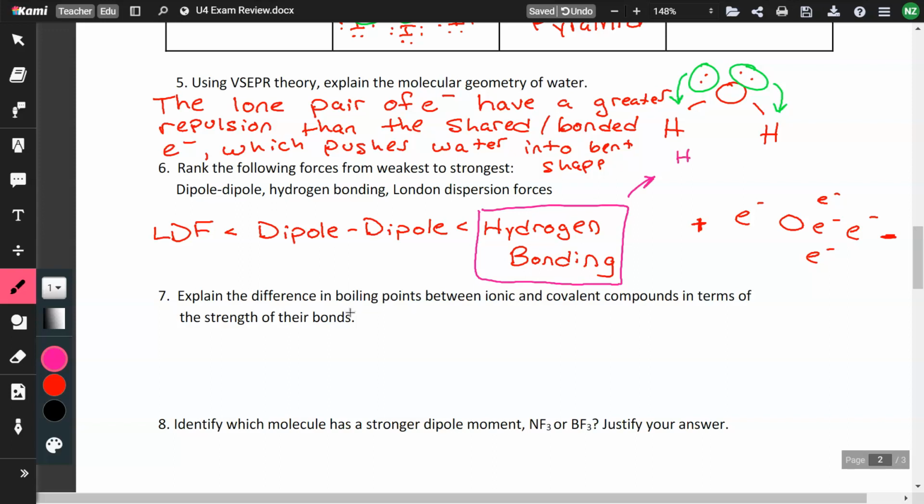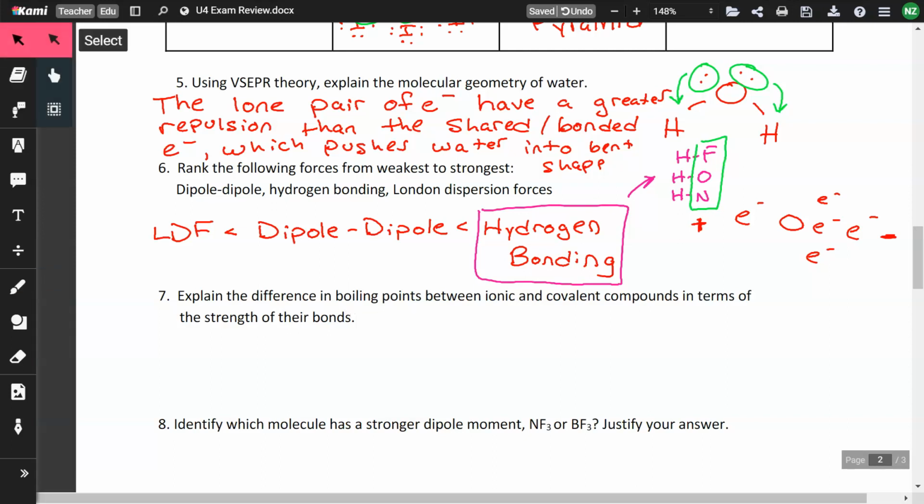You have to have HF, HO, or HN. And an easy way to remember this is, it kind of spells out FON: hydrogen fluorine, hydrogen oxygen, or hydrogen nitrogen. One of those 3 bonds has to be in the molecule for there to be hydrogen bonding. Otherwise, it's just dipole-dipole.